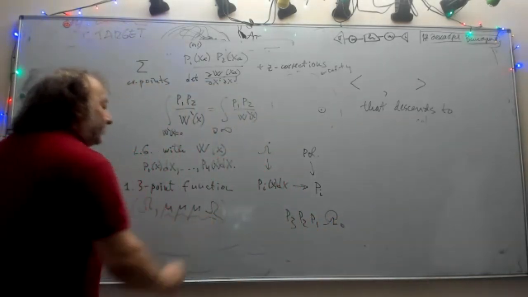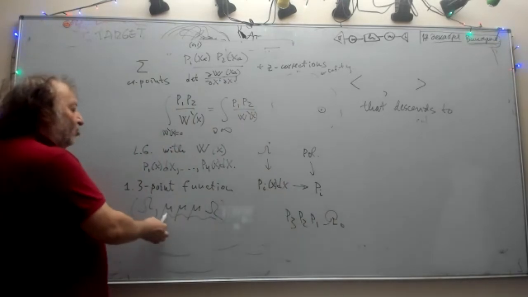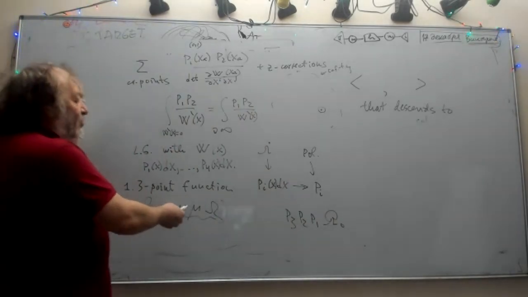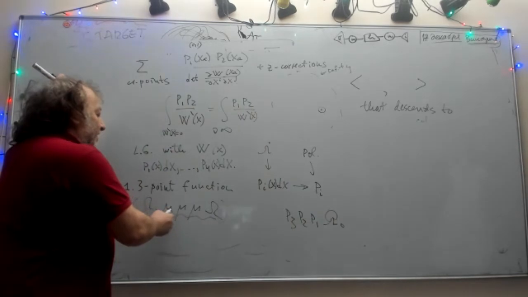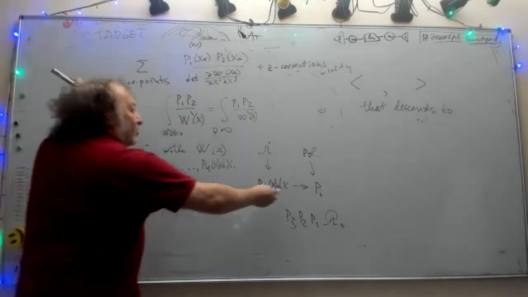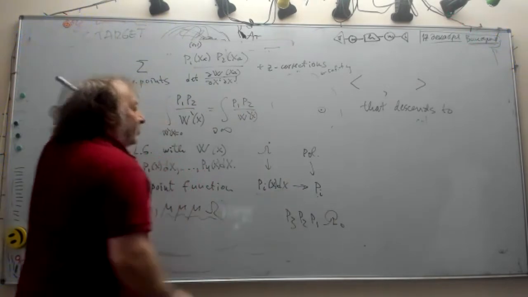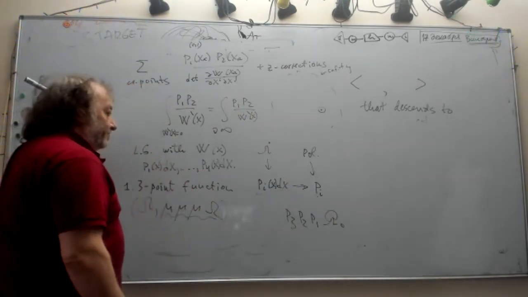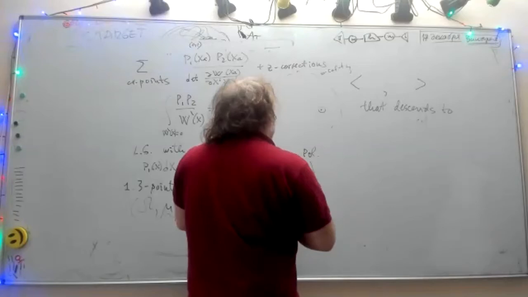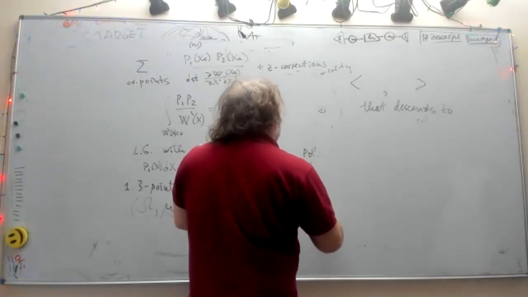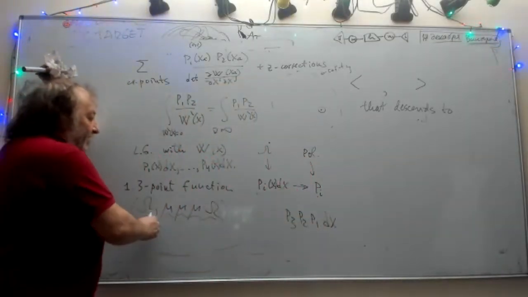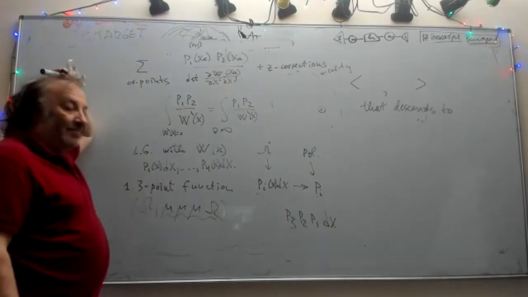I'm rewriting this because, how did this mu happen? I take polyvectors out of differential forms. So here I have differential forms, here I have polyvectors. I even put here dx. And now, in the compact case, there was this integral.